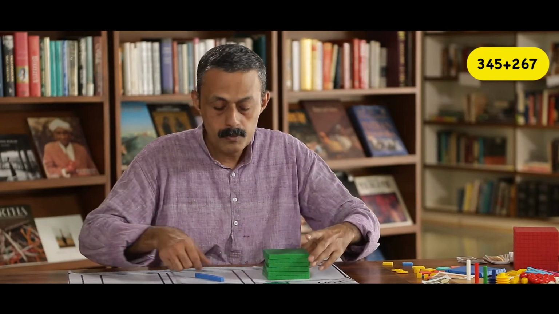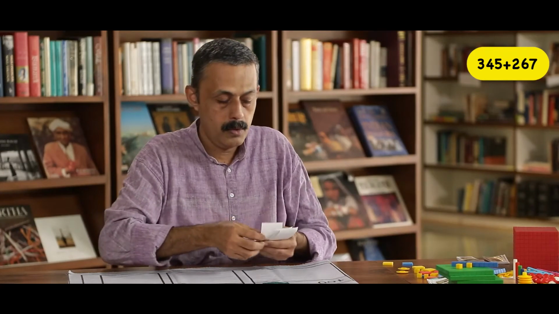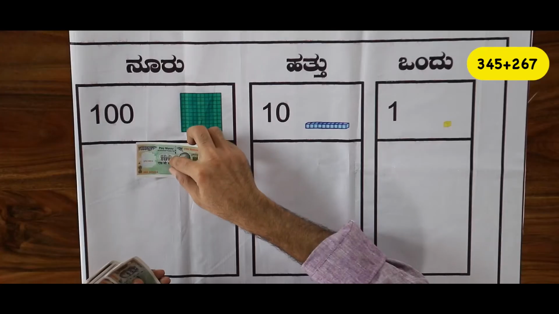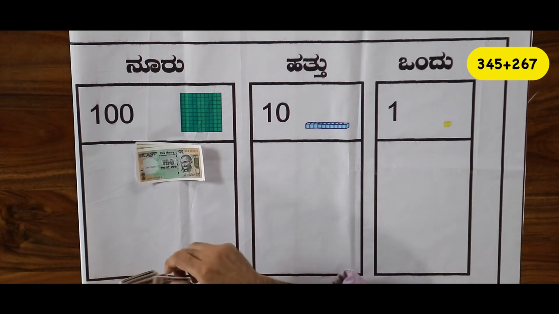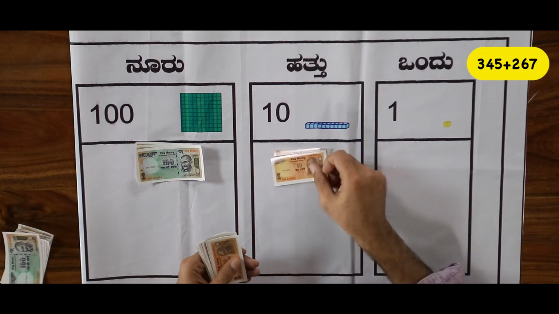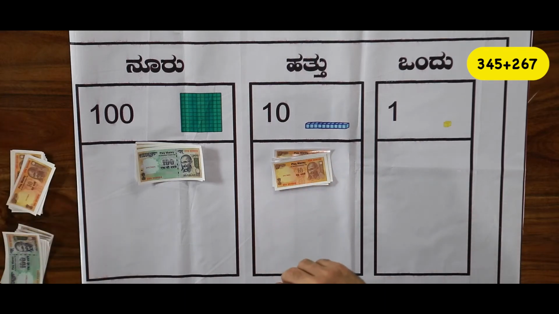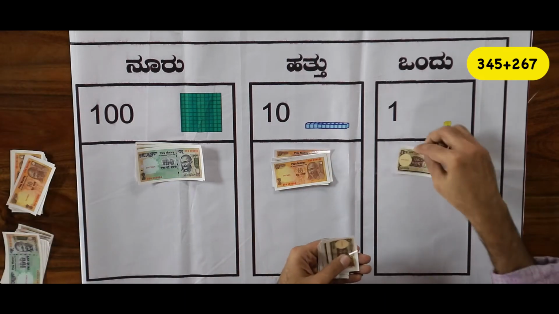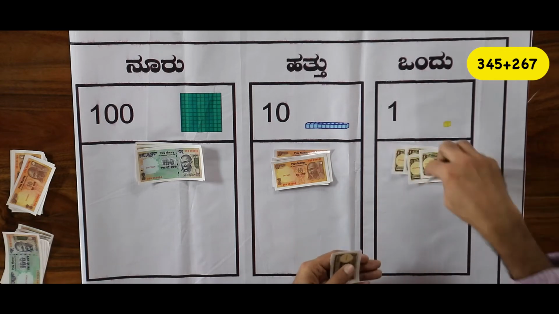Moving ahead, let us try doing this using play money. The same numbers. First, let us assemble 345. 345, 300s. 45 is 1, 2, 3, 4 tens. And then 1, 2, 3, 4, 5 rupees.